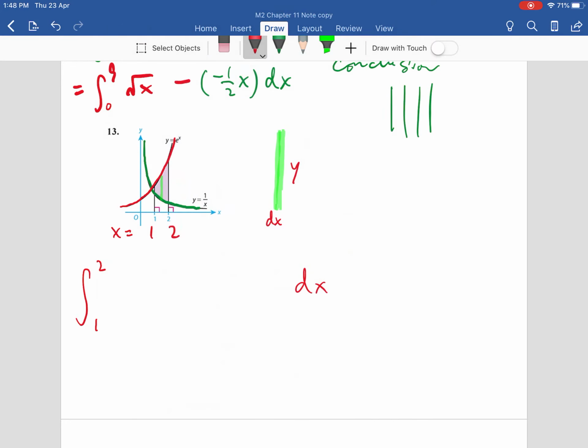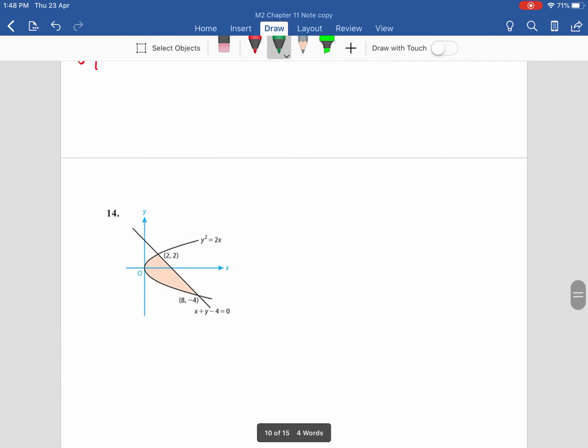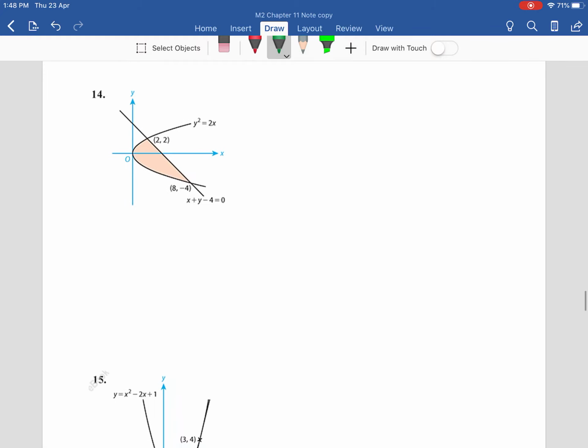But what is y? The red y is 2x e to the power x, and the green one is minus 1 over x. That's all. Very easy. I think most or all of you will cut it vertically.